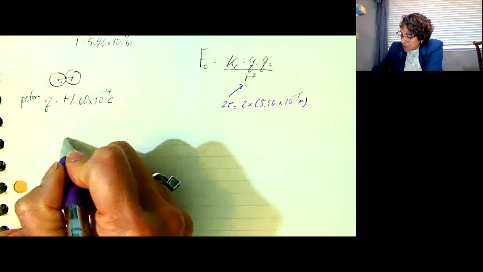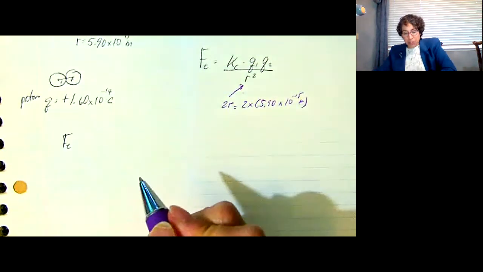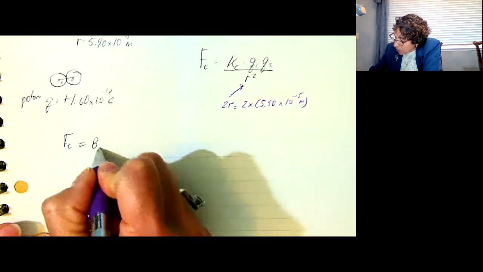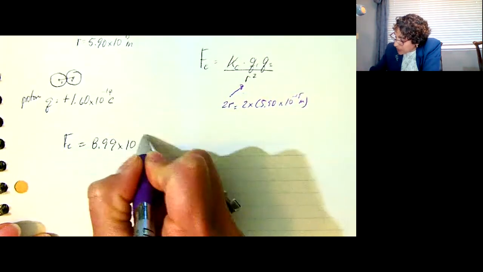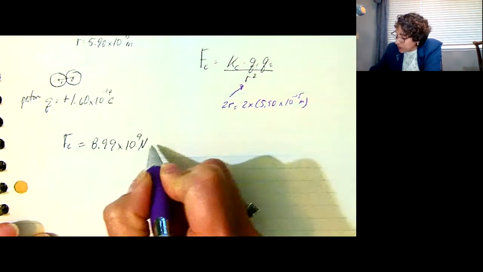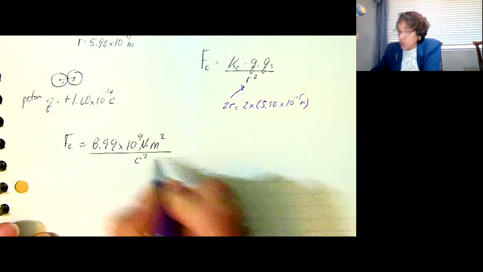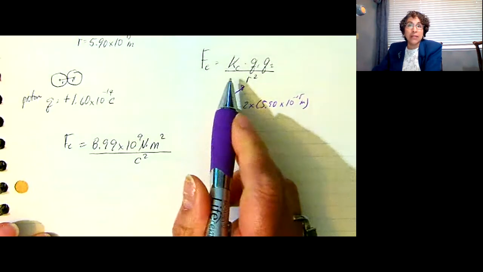So let's rewrite this equation and put it down here towards the left. The electric force is going to be, first, the K, which is 8.99 times 10 to the 9th. I'm going to do the units so we can see that they cancel out: newton meters squared per coulomb squared. There's my constant. Now I need the Q1.